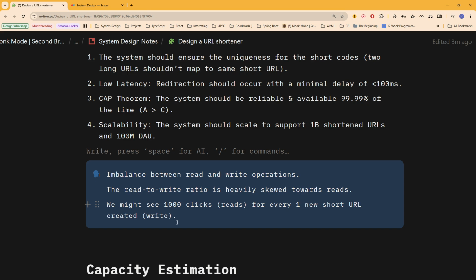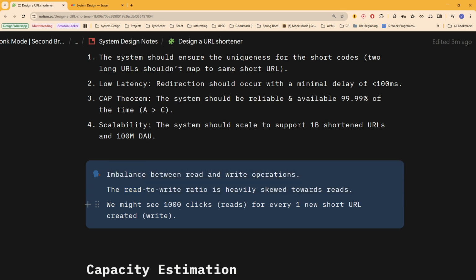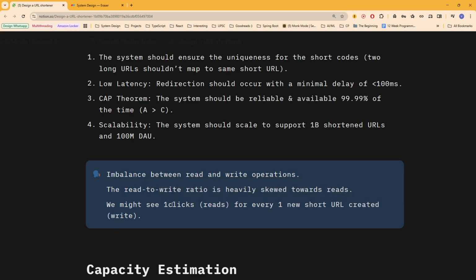When we are using a URL shortener, most of the people would be accessing the short codes, and a very small number of people would be actually creating the short codes. That is why the read to write ratio is heavily skewed. You can take the ratio as 100:1. Here I have taken it as 1000:1, but you can go with 100:1 as well, that is also fine.